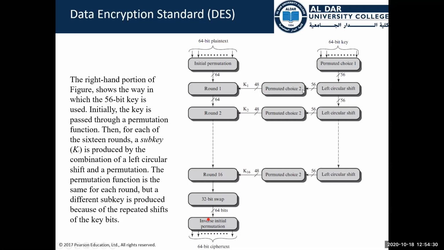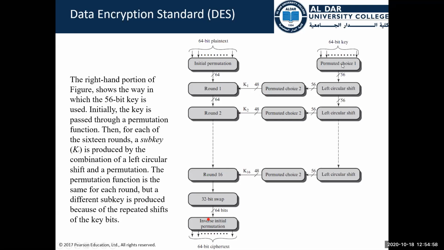These permuted choices are done by S-boxes. I will tell you about S-boxes in subsequent lectures, not slides, lectures. But I just want you to know that we have a key, and we use it to create multiple keys.